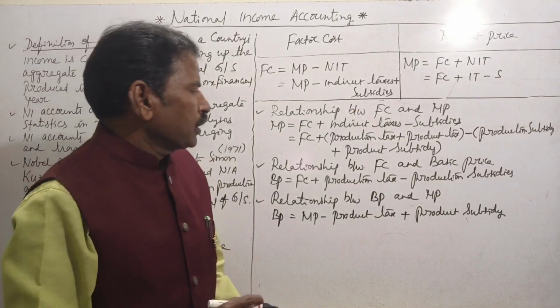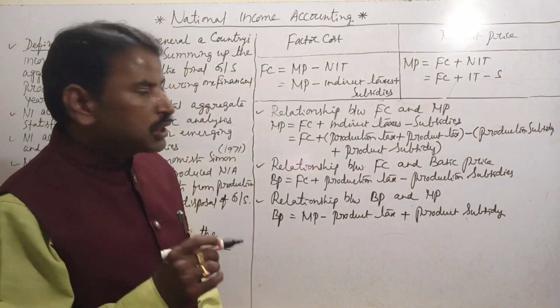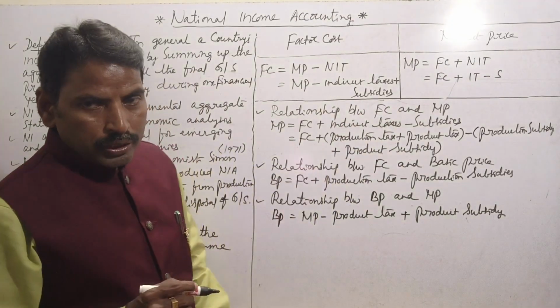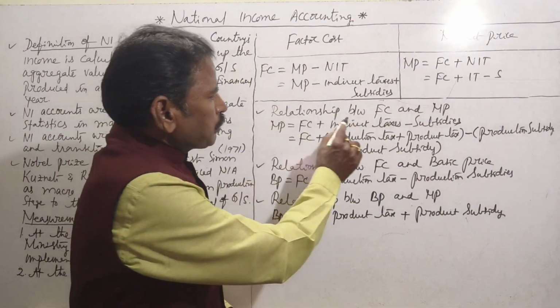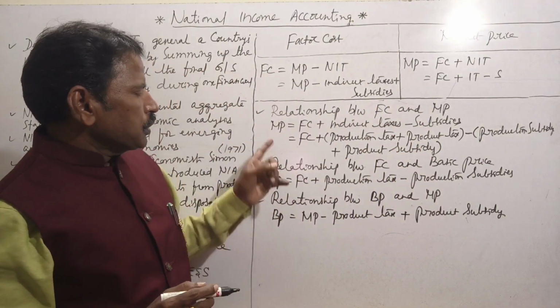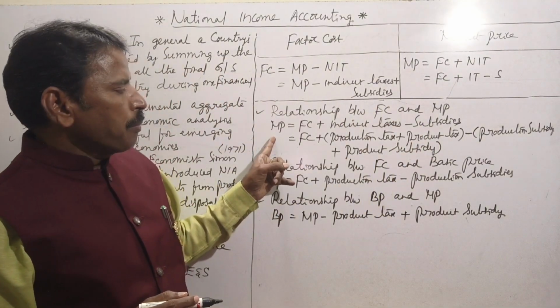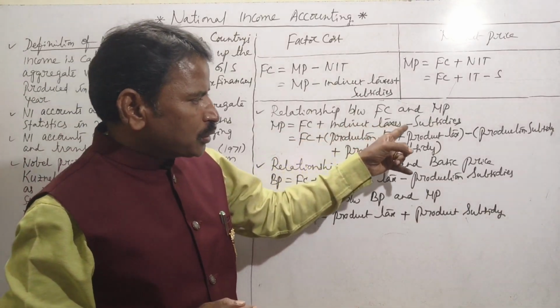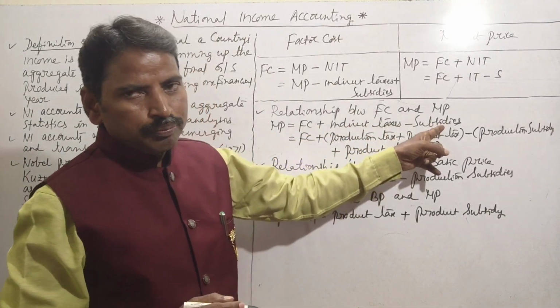Next, what is the relationship between factor cost and market price? Market price is equal to factor cost plus indirect taxes minus subsidies.